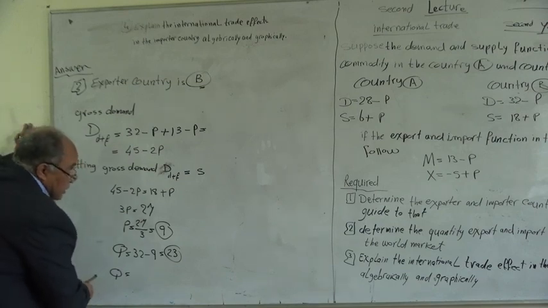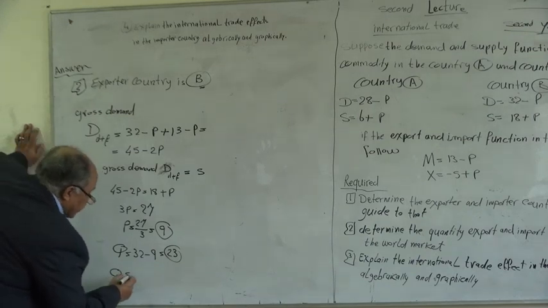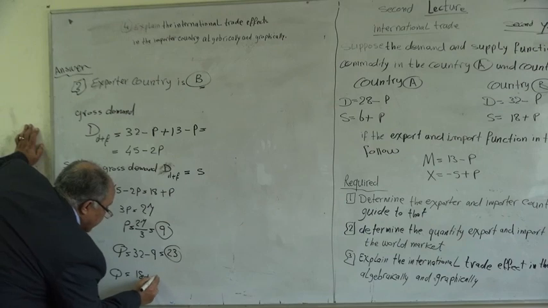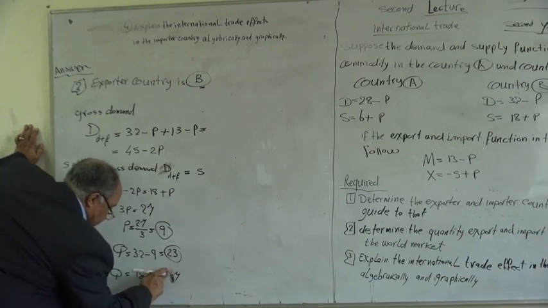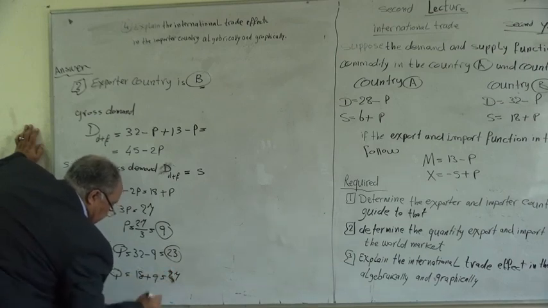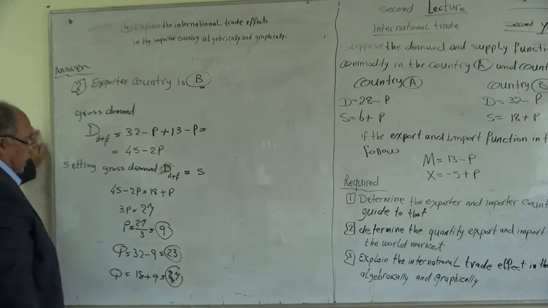By substituting in domestic supply in country B, 18 plus 9, 27. The difference between 23 and 27 equals 4.